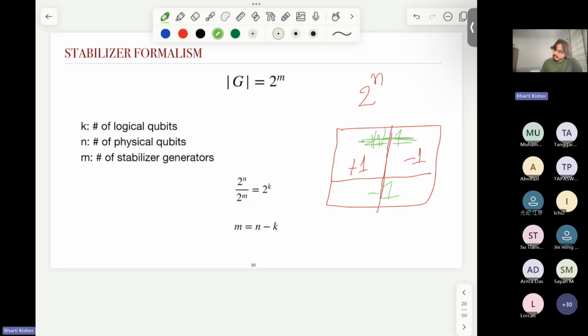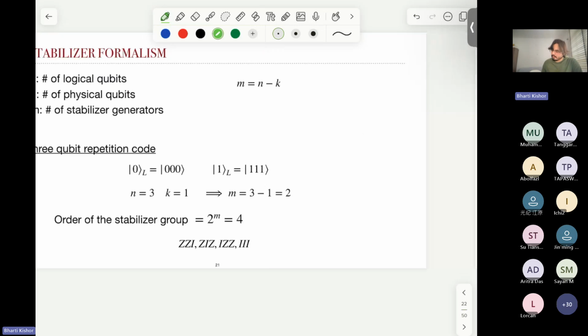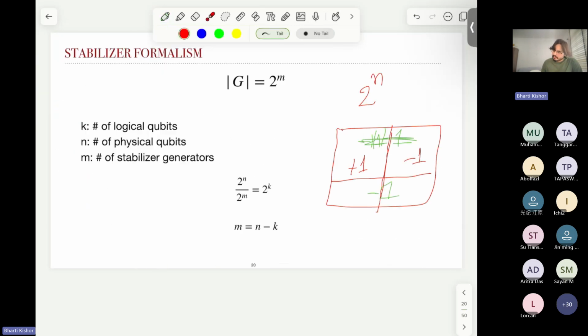Every time you act with a generator, it cuts the Hilbert space in half. With m generators, the space gets divided by 2 to the power m. So the size of the subspace where you are encoding the information will be 2^n divided by 2^m.